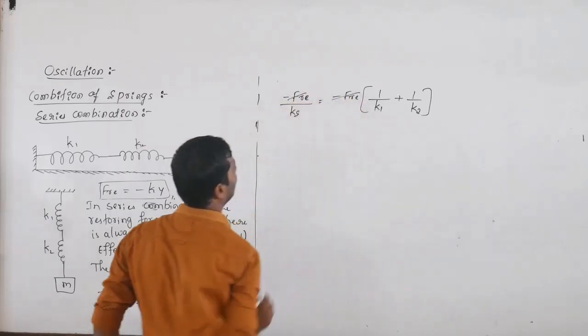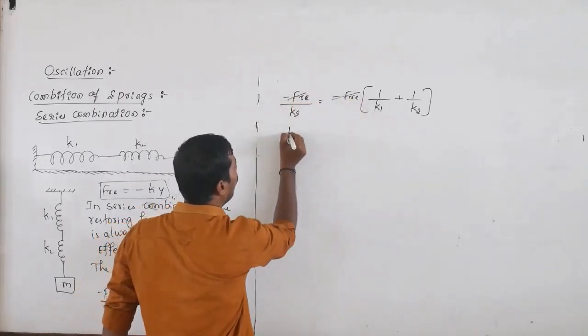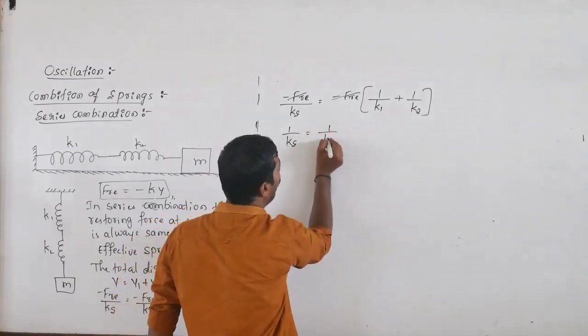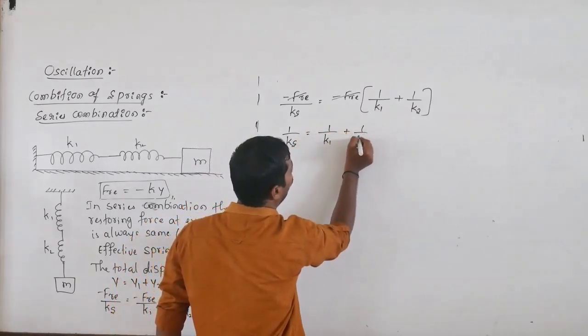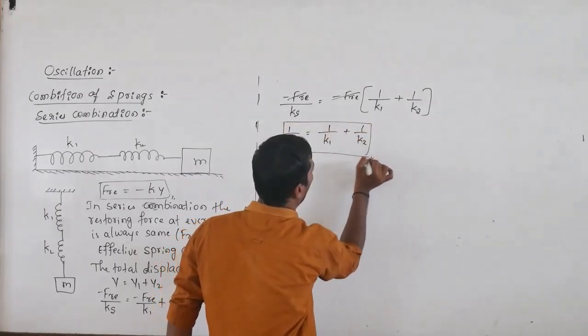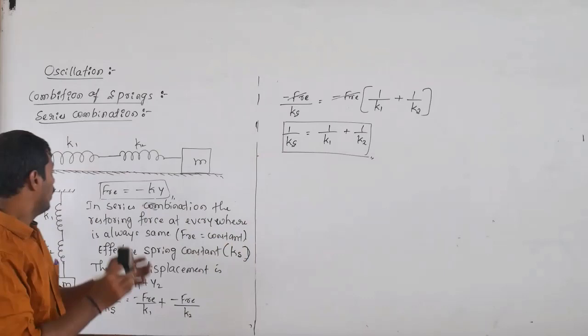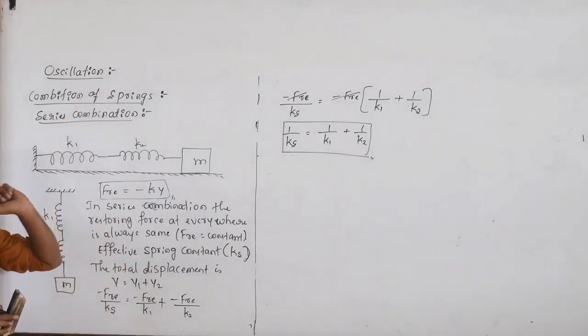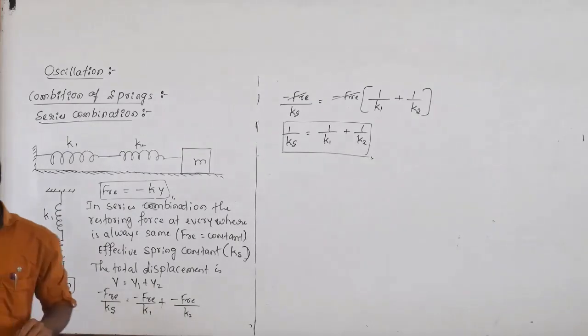These two get cancelled. Then 1 divided by Ks for the series combination is equal to 1 by K1 plus 1 by K2, when the springs are connected in series.